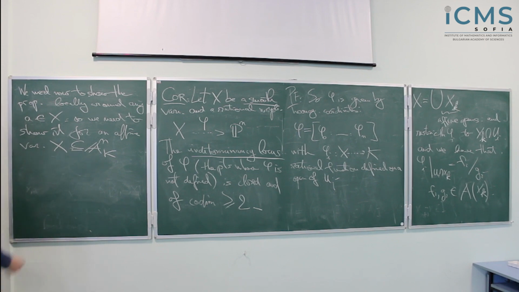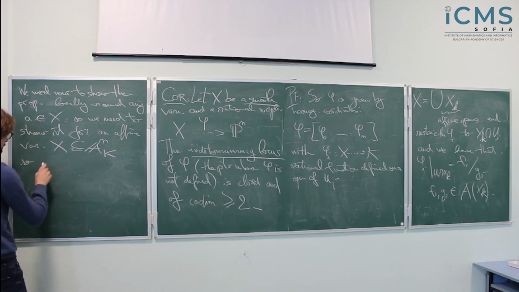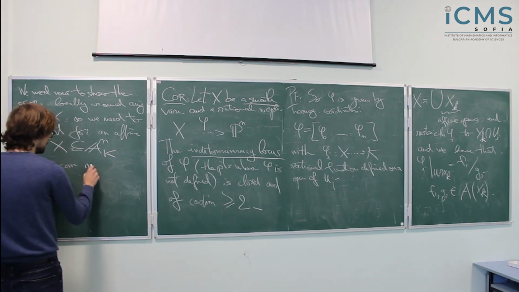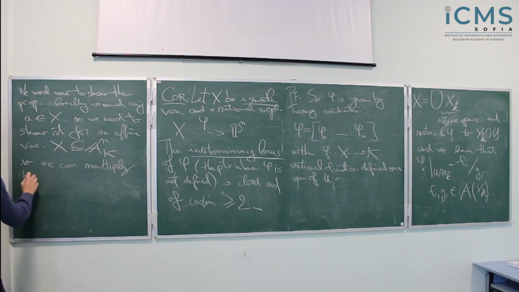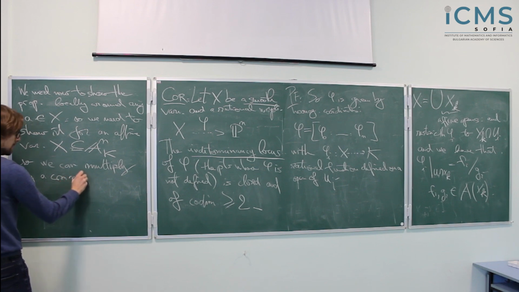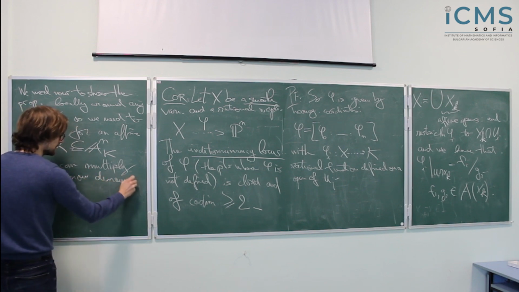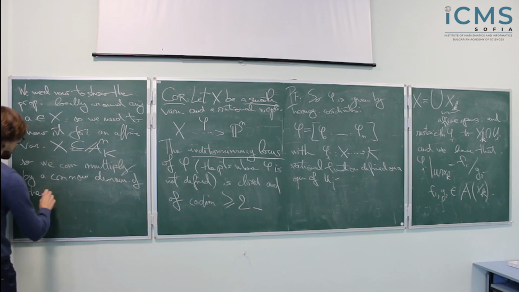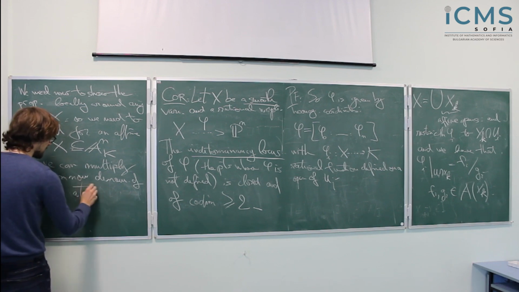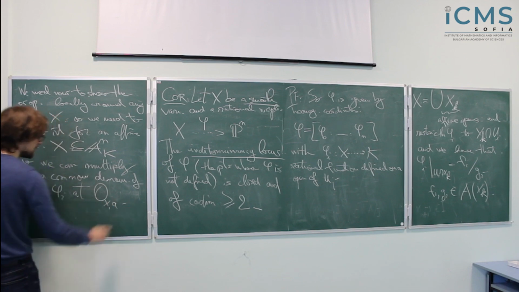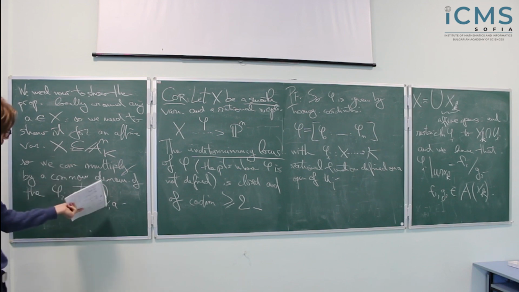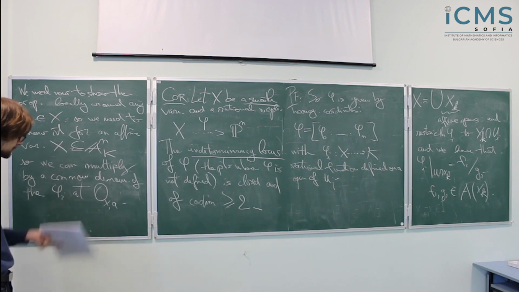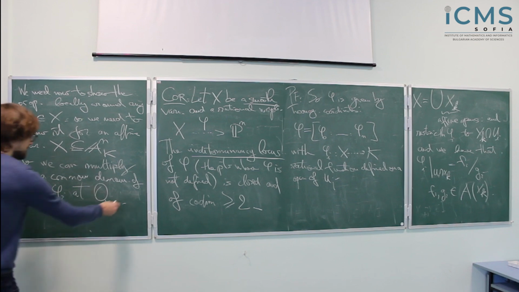Okay, so we have an affine variety. And since at any local point we can find a common denominator of the phi i's at O_{X,A}, if I consider the elements phi i as elements of the fraction field of O_{X,A}, then I can eliminate all the denominators.